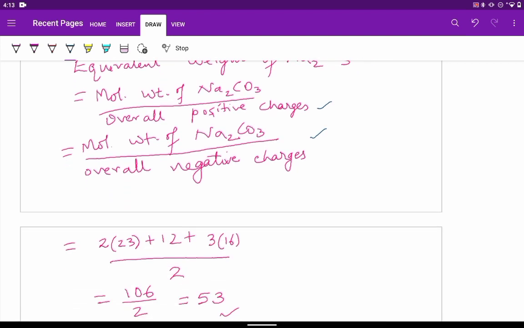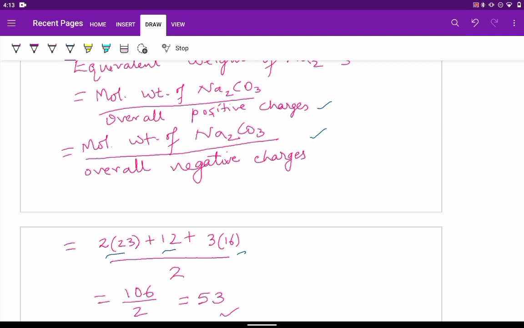So for Na2CO3, two sodium atoms, so 2 into 23 plus 1 carbon atom, so 12, 3 oxygen atoms, so 3 into 16, divided by, for Na2CO3, see two things are there. Cations, if you see, there are two cations, 2 Na plus. Each sodium ion has single positive charge, but there are two sodium ions, so 2 positive charge.